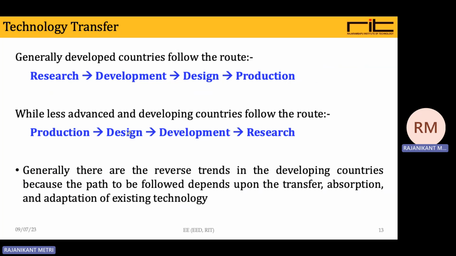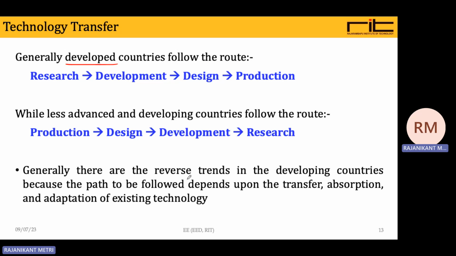Now, how it is generally done in developed countries, the route of technology transfer is like this: research, then development, design, and then production. This is followed in the developed countries, whereas in the less advanced or developing countries, it is a little bit different. It starts with production, then design, development, and at the end research.